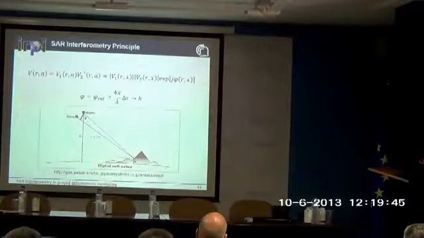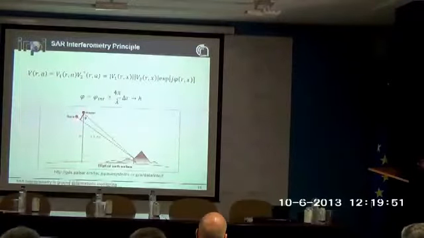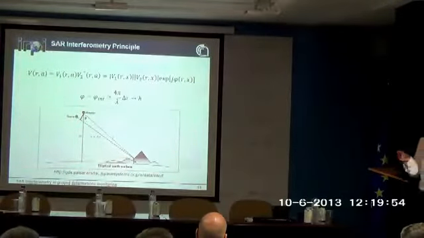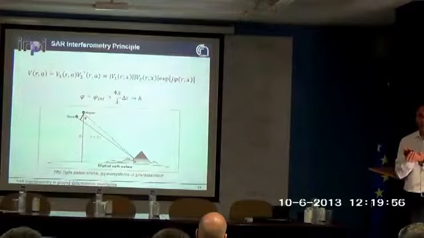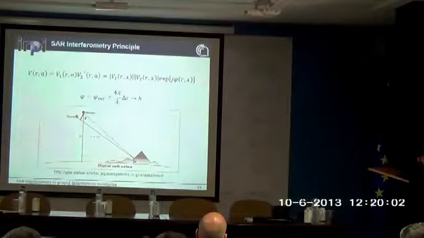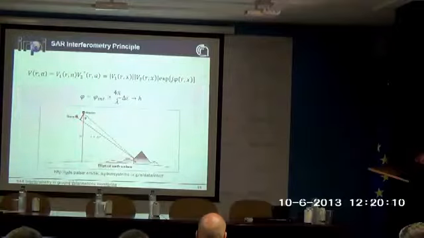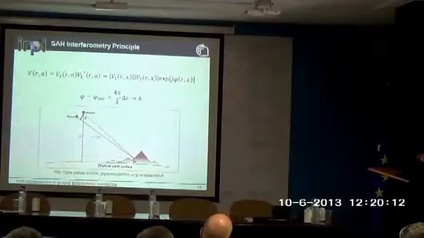And how do we create it? If we can frame the same point from two different positions, and then we put together this information, and we go through a mathematical process, we can subtract the phase of the same pixel of one image from the other, and we have this relationship, this phase.